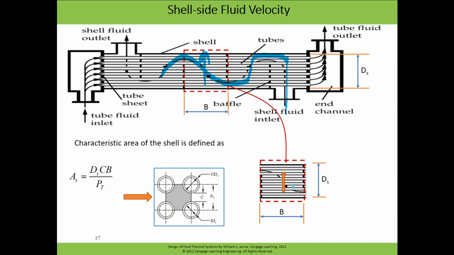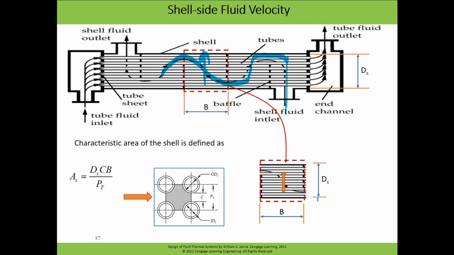So what is the cross section? If you cut the shell from the middle, then you see that this dimension is ds, which is basically the inner diameter of the shell, and this distance, the spacing between the two baffles, we call b. So we will get this rectangle.